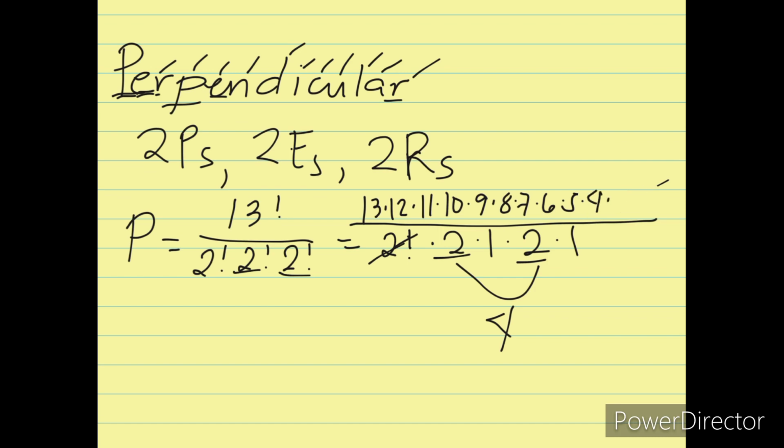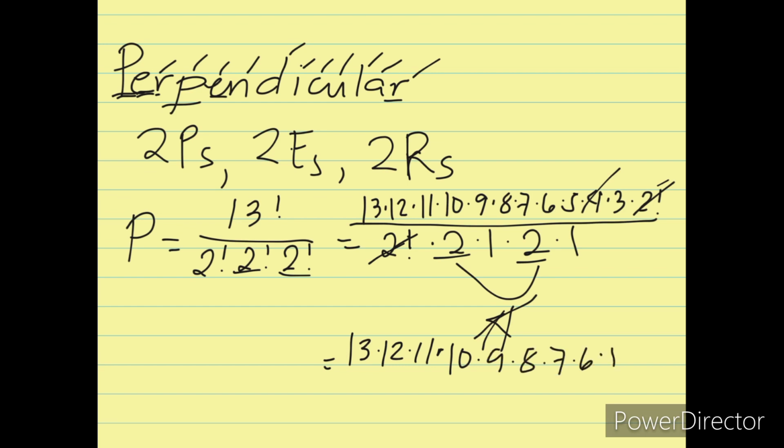We have 5 times 4 times 3, so cancel this 4. The remaining numbers are 13, 12, 11, 10, 9, 8, 7, 6 times 5 times 3.